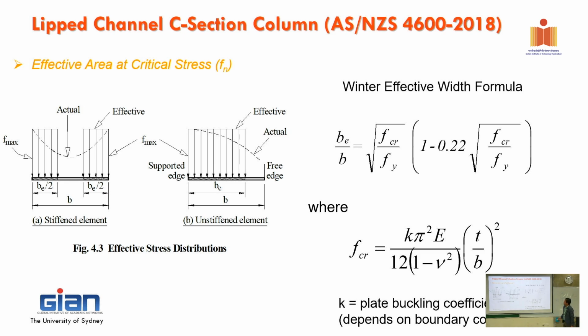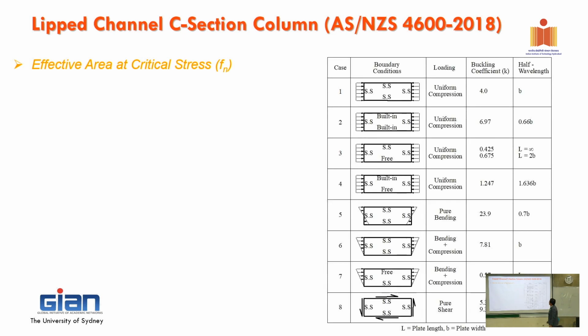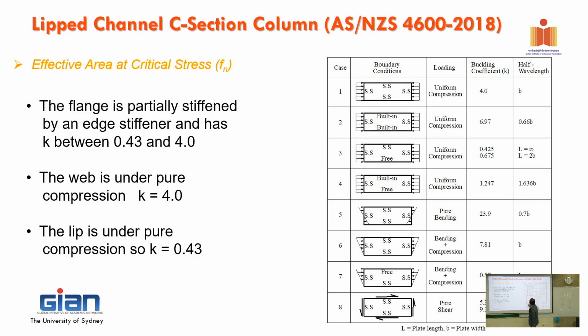Okay? Right, and now that's what I'm talking about. It depends on the stress distribution, the cases of stress, and whether it is simply supported or built-in, depending on your boundary condition, and you get a different K in here. And everyone knows about bending, right? It's 23.9, okay? Because of bending, you got compression here, tension in here. Of course, it's going to be a lot higher than pure compression.